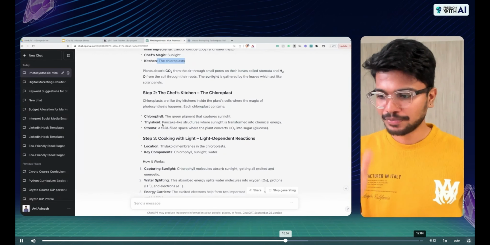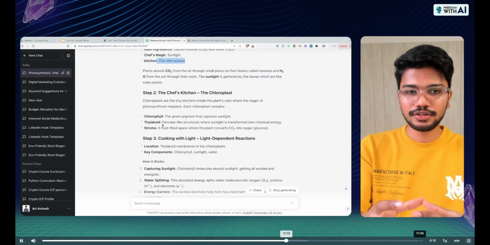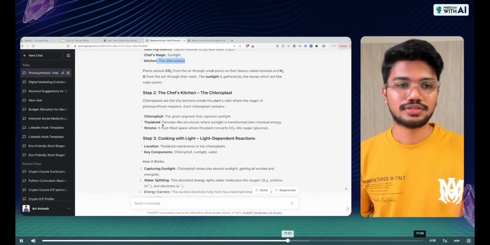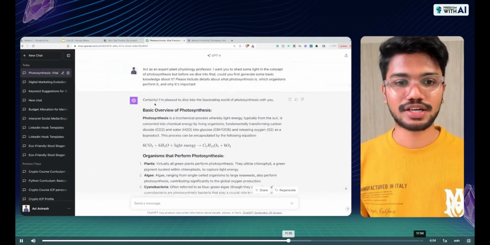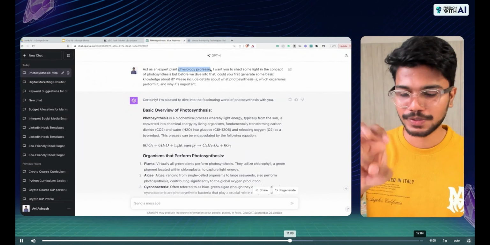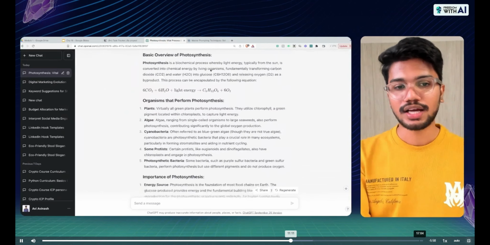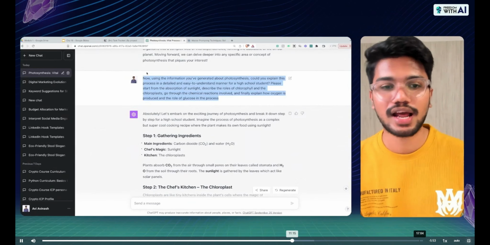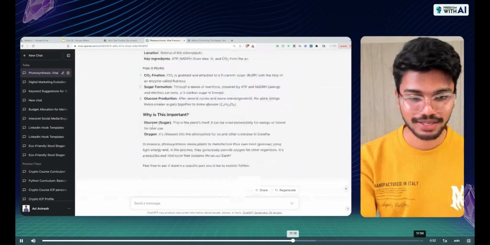For students to convert any complex topic into an easier form, just ask ChatGPT to first generate the basic part as a professional physiologist or some professional in that particular area, and then ask it to convert that as if you're a high school student and explain it step by step. That's it.